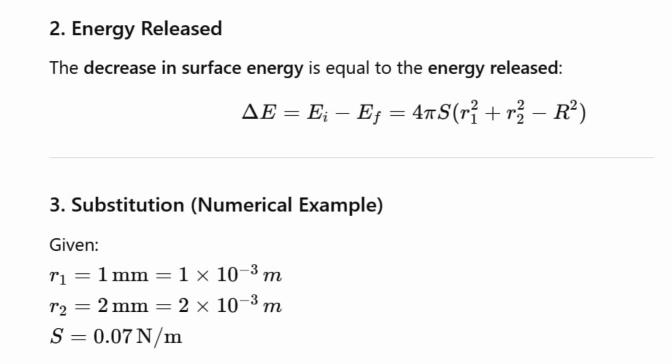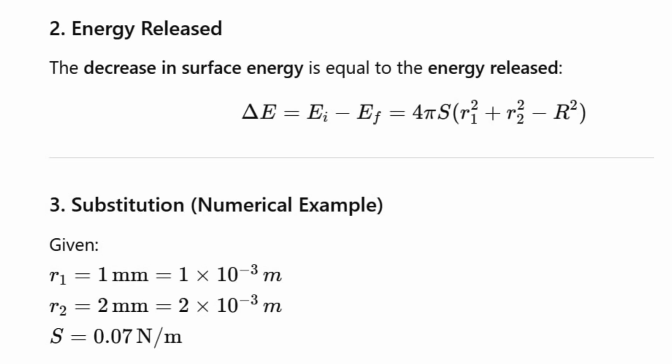Therefore, delta E is equal to 4 pi s into R1 squared plus R2 squared minus capital R squared, where 4 pi s R1 squared plus R2 squared is the initial energy and 4 pi s capital R squared is the final energy. Since 4 pi s is common, I have taken it outside the bracket.